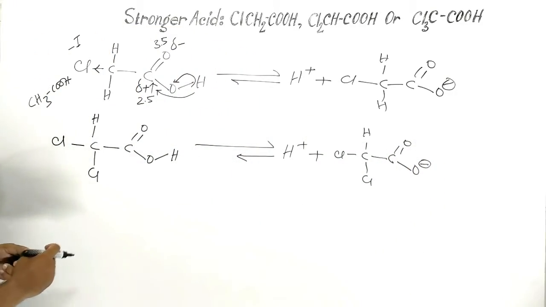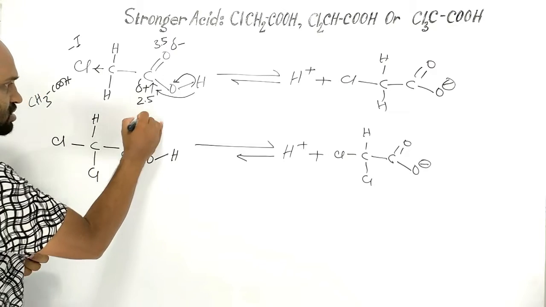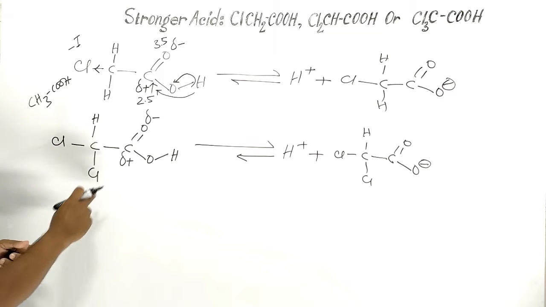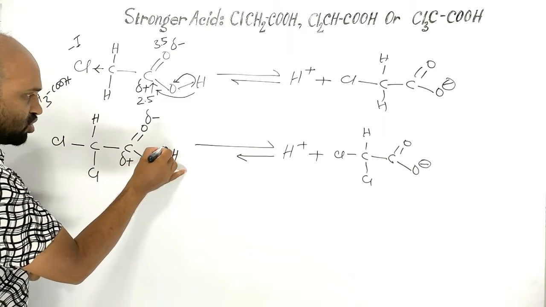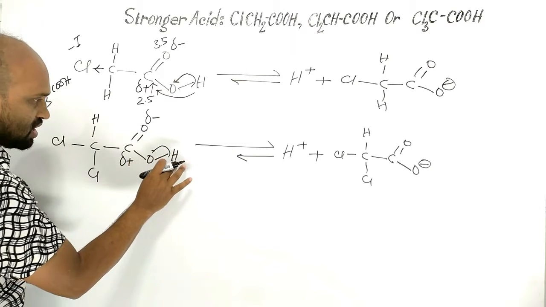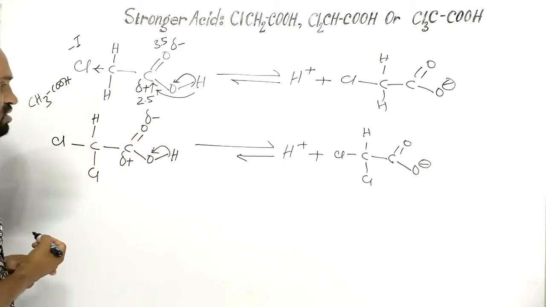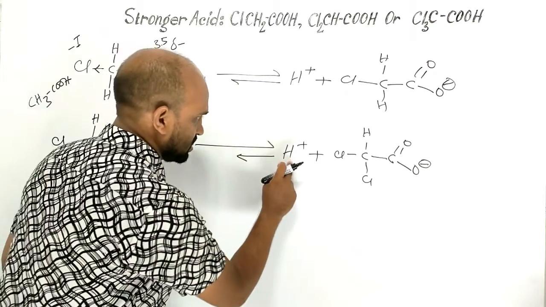Here, this carbon gets partially positively charged, oxygen gets partially negatively charged. Because of this positive charge, the oxygen-hydrogen bond undergoes heterolytic fission, and this hydrogen gets freed as a proton.